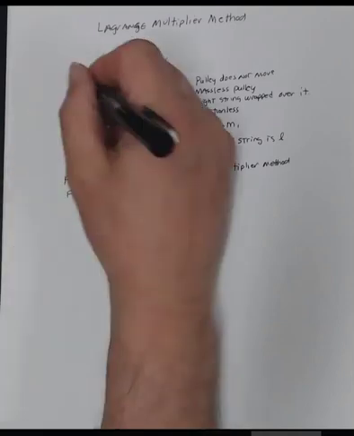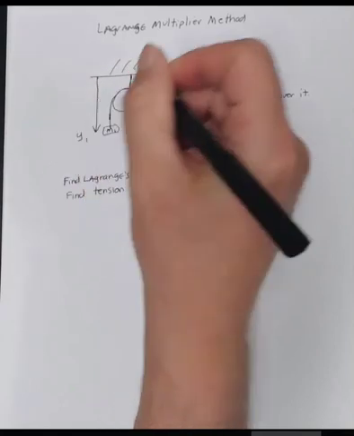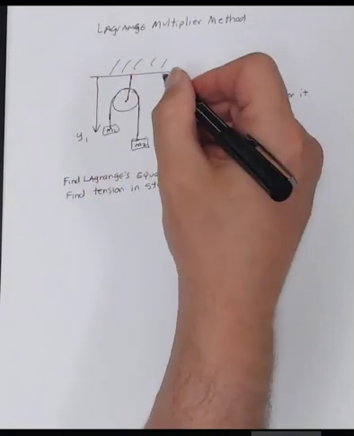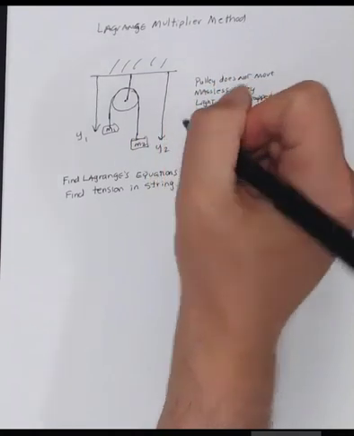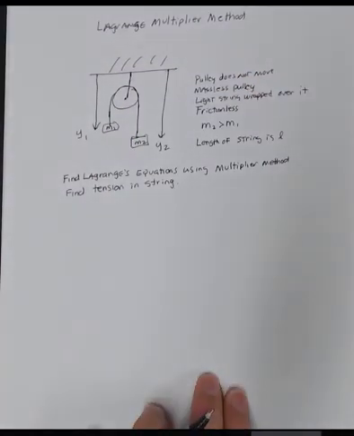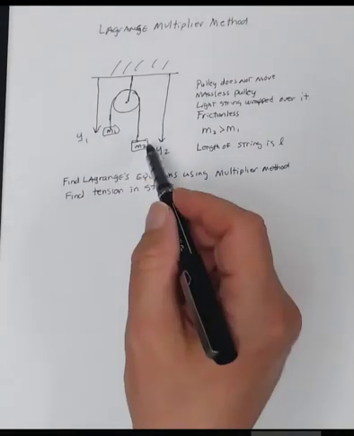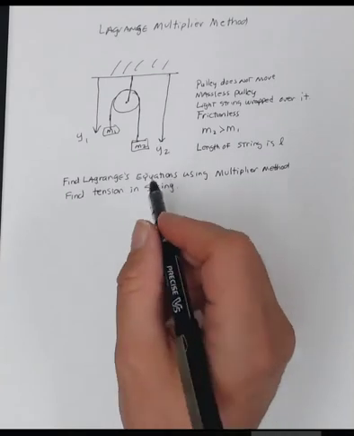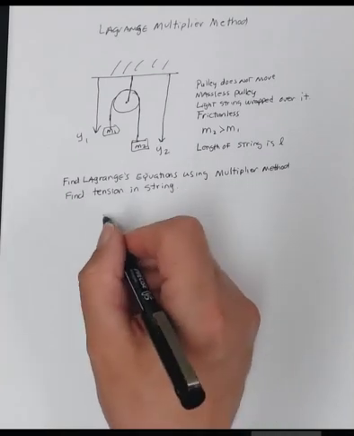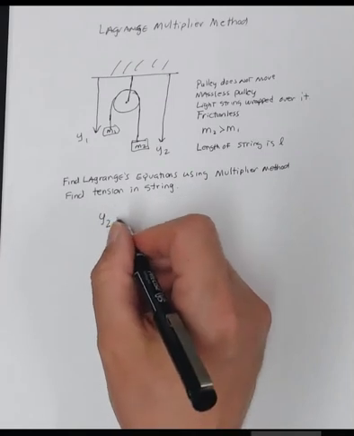Okay, I have a distance, which I'm going to call y1, and it measures where mass 1 is, and over here I have y2. So it looks like I have two generalized coordinates. Do I have an equation of constraint? Of course, y1 and y2 are related.